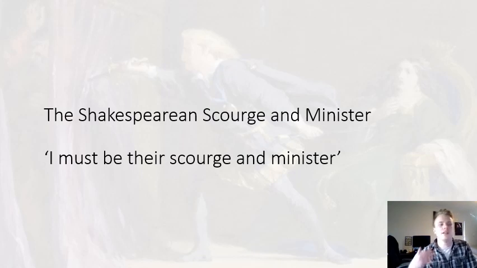Now, the interesting thing with Hamlet is that he said he must be both the scourge and the minister. He's those two separate characters in one, and it depicts a sense of self-conflict in him. He's aware that he needs to be destructive, that he needs to cause chaos in order to restore Denmark to a state of equilibrium.